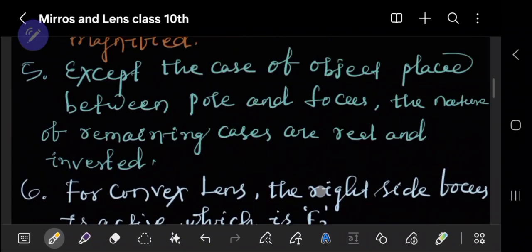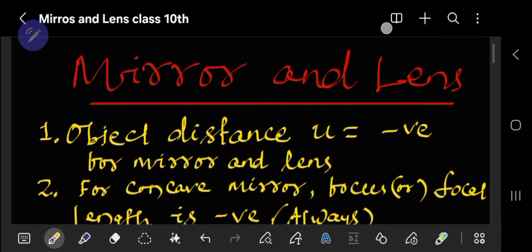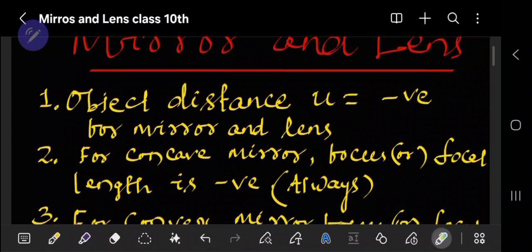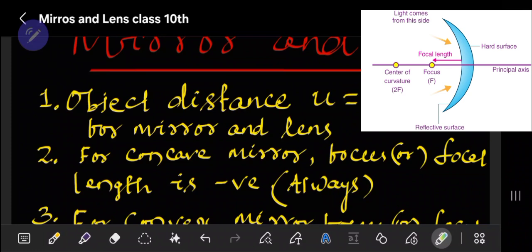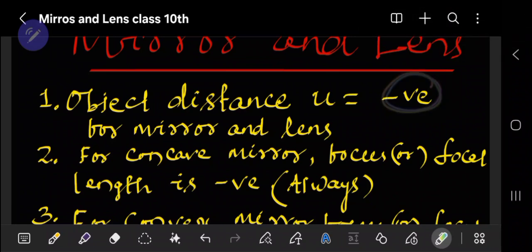So, mirror and lens. The object distance is always negative, remember that it is always negative.